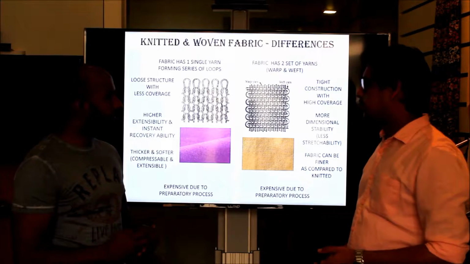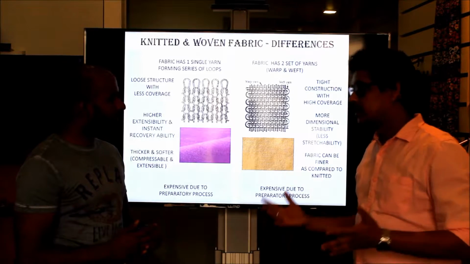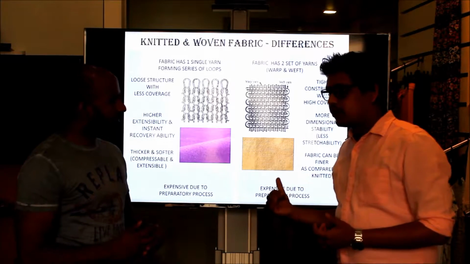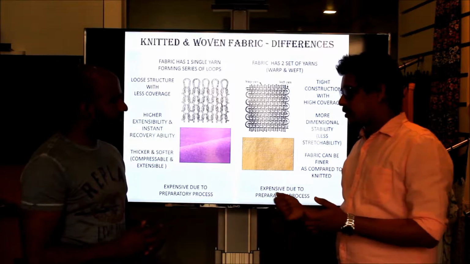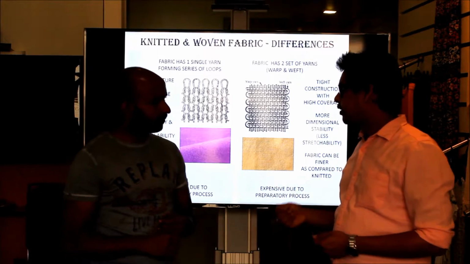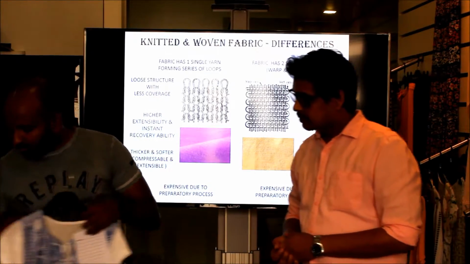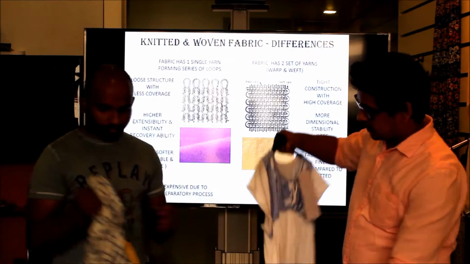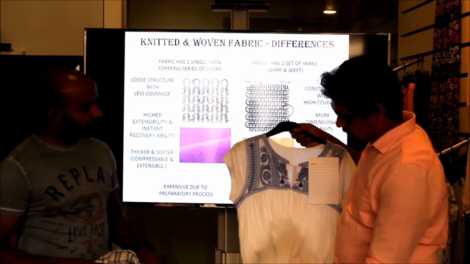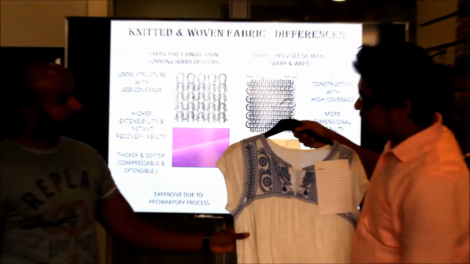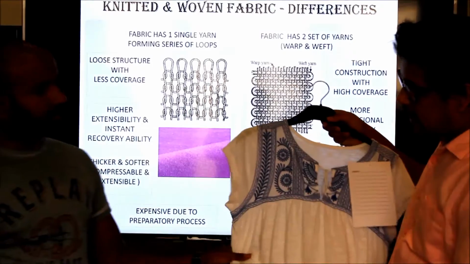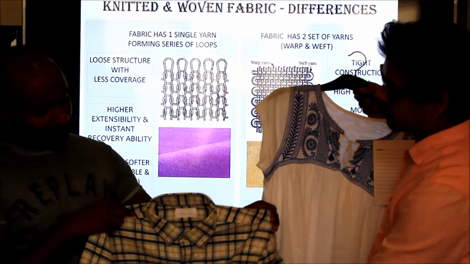The knitted fabrics are much more stretchable as compared to the woven fabrics, because of the structure in which they are made. Do you think at this point you could show what knitted and woven look like? So that's the knitted fabric, which is much more drapey in nature as compared to a woven fabric, which is much more structured.